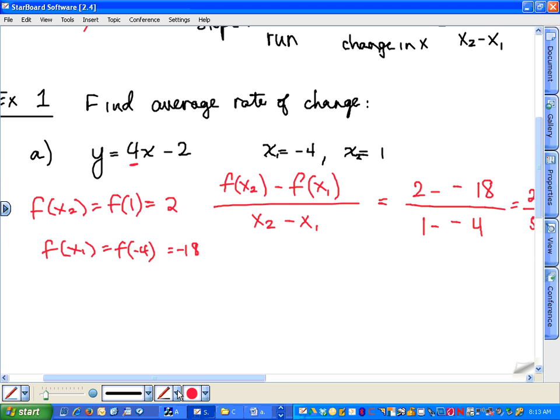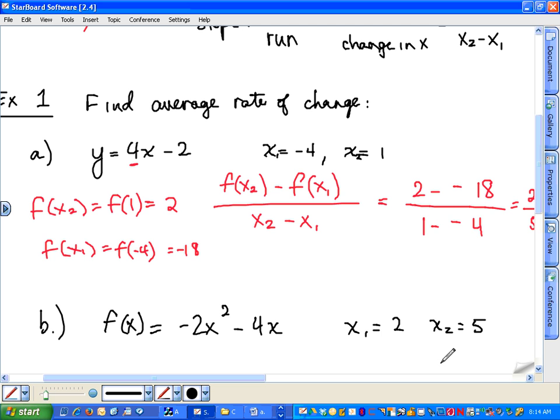So let's do a little more complicated one. F of x equals negative 2x squared minus 4x. And I want you to use these two x values. x1 equals 2, x2 equals 5.